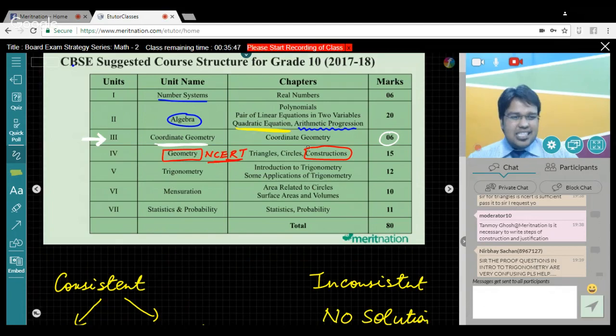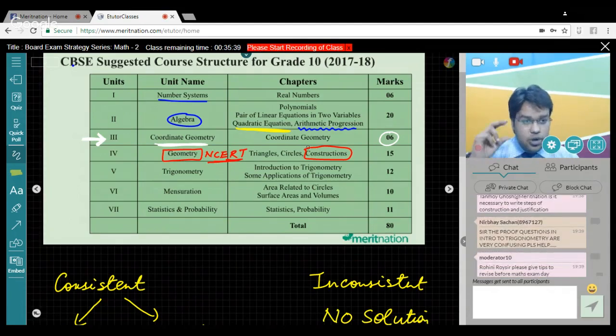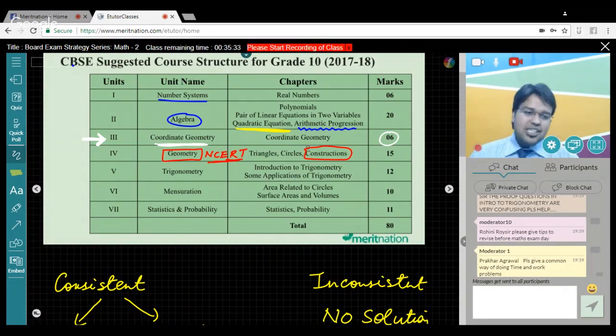Then we've got drawing similar triangles. I'm sure you have practiced each and every construction at least once. In that, please make sure that you see the ratio carefully, which ratio it is talking about. And lastly, the 3rd type of construction is drawing the tangents from an outside point, right? So please practice these 3 types of construction.